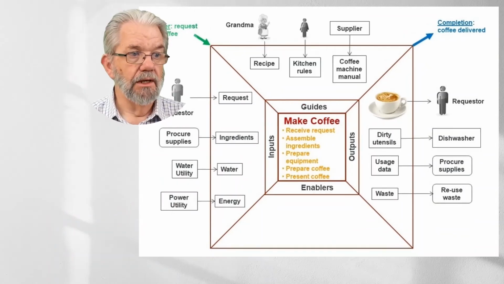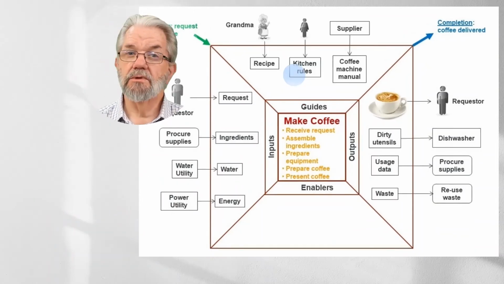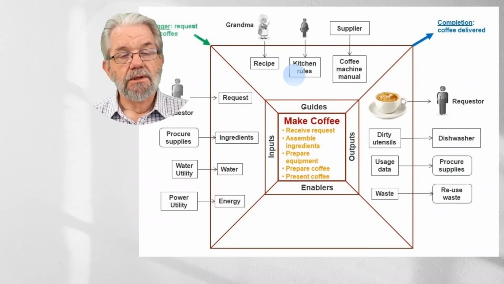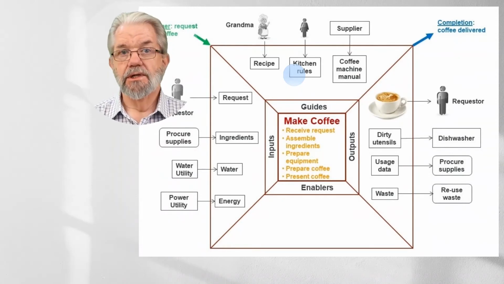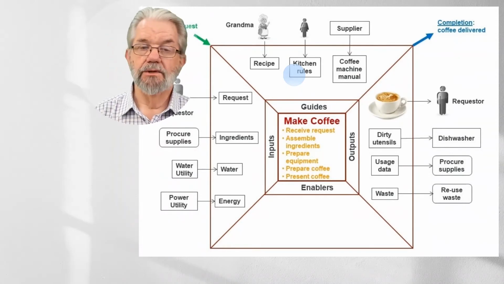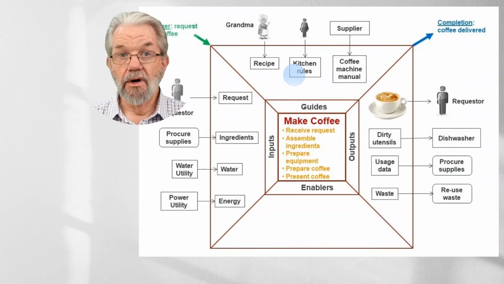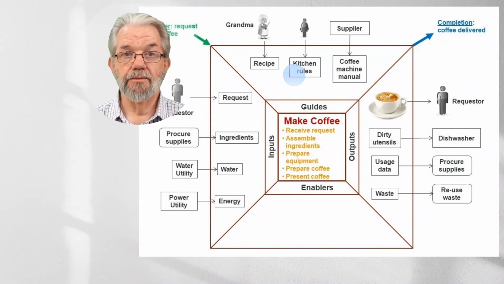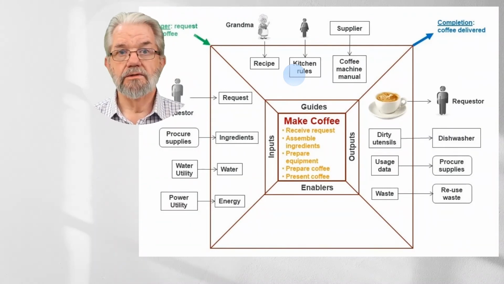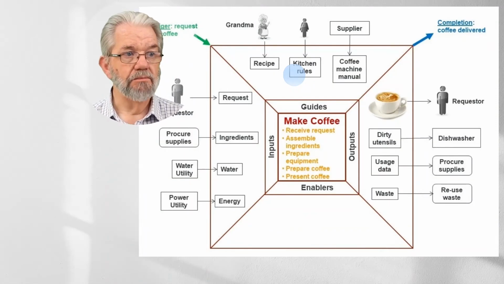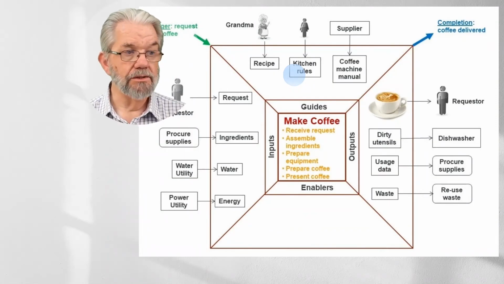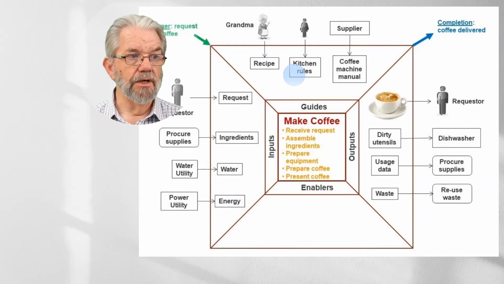What else can we look at? Let's have a look at guides. Now, guides are the rules, the regulations, the legislation, the manual that tells you how to do something, the internal manual, the equipment manual. Maybe it's a price list if you're in a coffee shop. It's the things that guide the transformation of inputs into outputs, and usually has some kind of text basis to it, or I guess could be a video, some sort of instructional basis anyway.